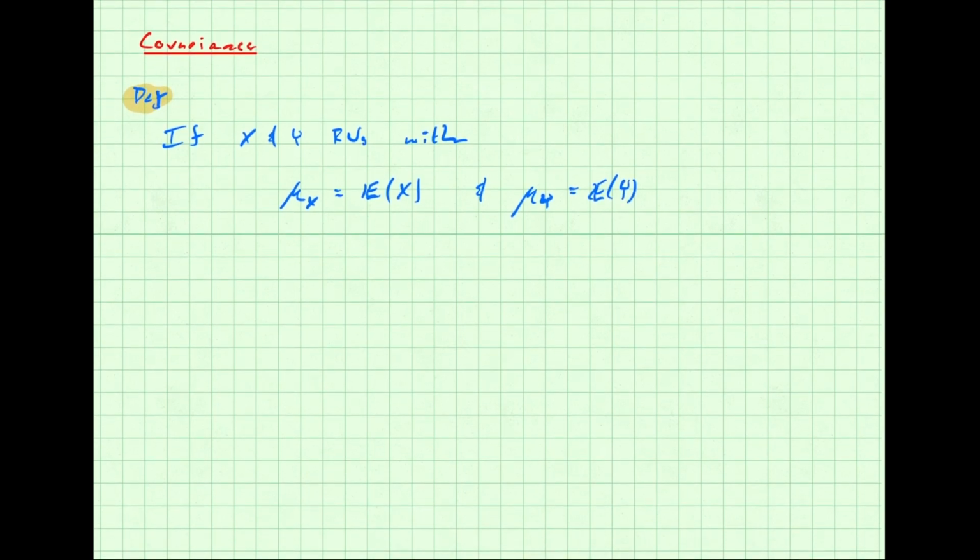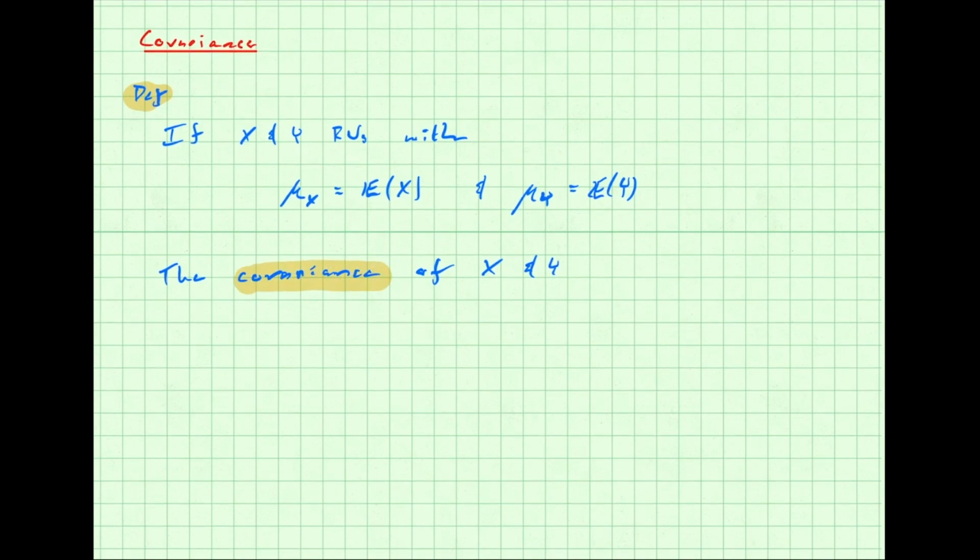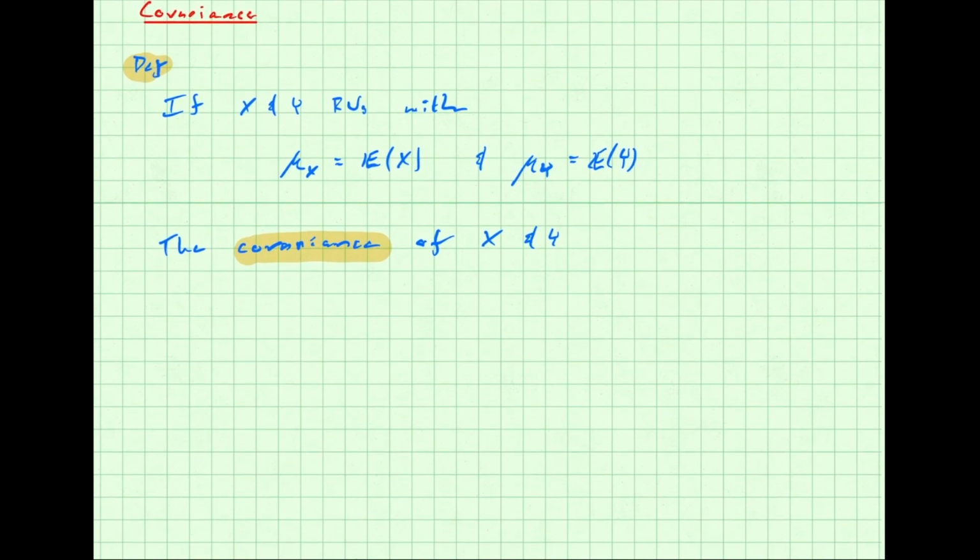Then the covariance of x and y, which is the term being defined, is written like this. First of all, you write it as COV(x, y). So it's something that takes two arguments, x and y.